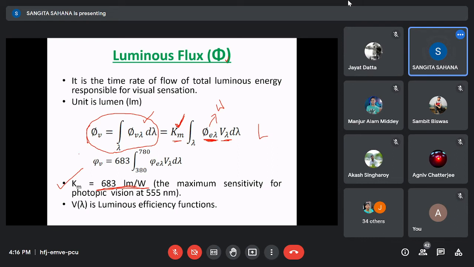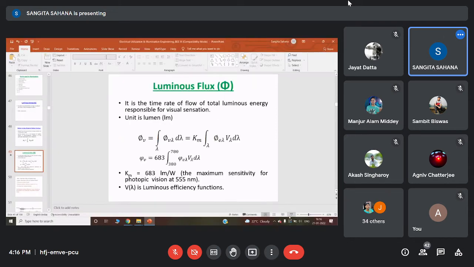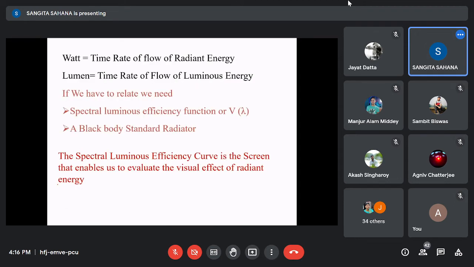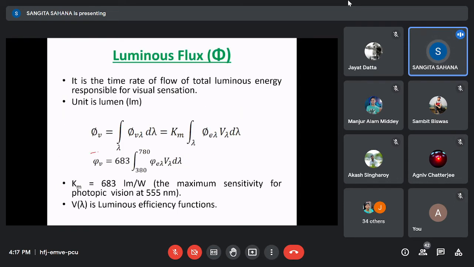Okay. If you want to compute the phi V, the luminous flux in the photopic region, we will get this expression. This is the luminous flux, or the amount of light we are getting from the source. It is 683 times the integral from 380 to 780 nanometer of phi lambda, V lambda, d lambda.